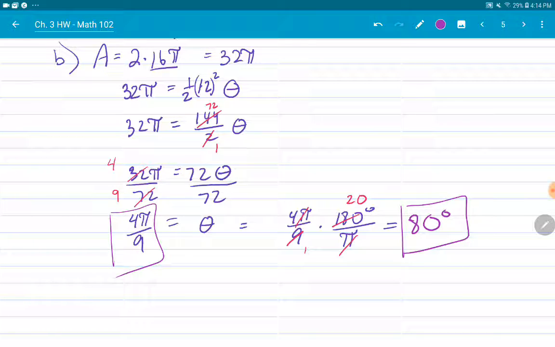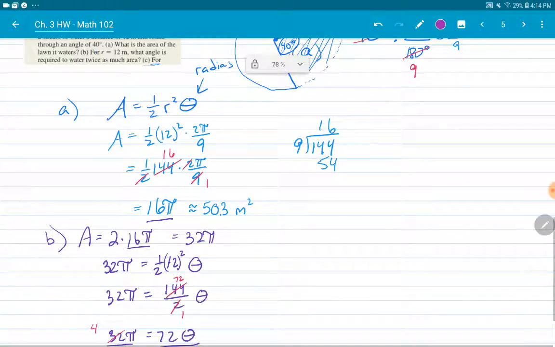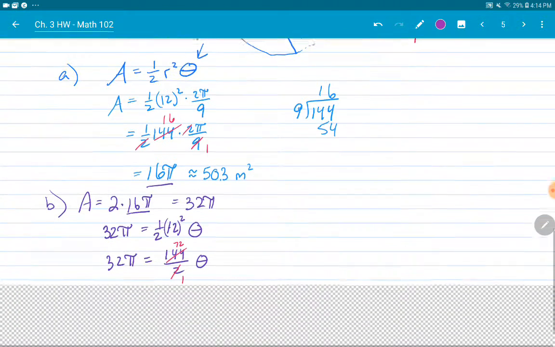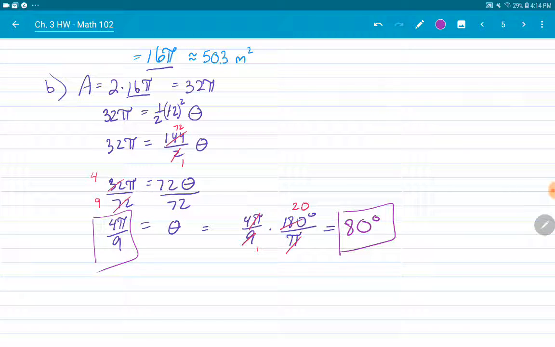So radians and degrees. I'm going to scroll up and see which one I'm supposed to get. Let's see here. What angle is required? It just says what angle. So I was thinking degrees just because our original question was asked in degrees. So you usually want to be consistent with how it was originally asked.